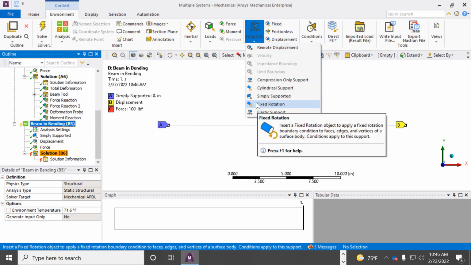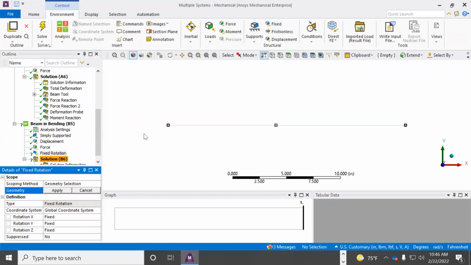So yes, I can use fixed rotation, and I'm going to apply it to the end, not to interfere with what's happening. And I do not want it to be fixed about X, Y, and Z, but only want to fix it about X. I have to set the Y free, and I have to set the Z rotation free. Otherwise, I'm going to get a wrong answer.